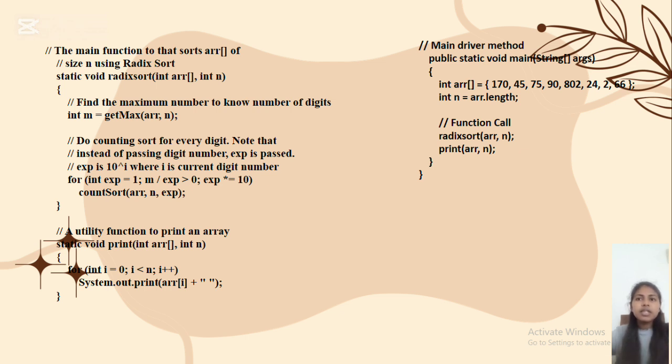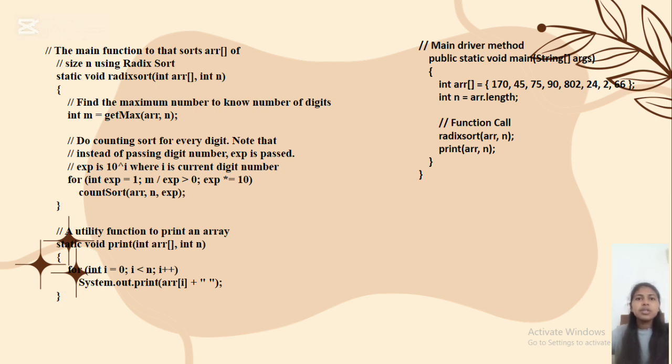The number of digits in m determines how many passes are needed. In the for loop, it iterates through each digit place: units, tens, hundreds, etc. It calls countSort for each digit place. The print function is a utility function to print the array. It iterates through the array and prints each element separated by a space.